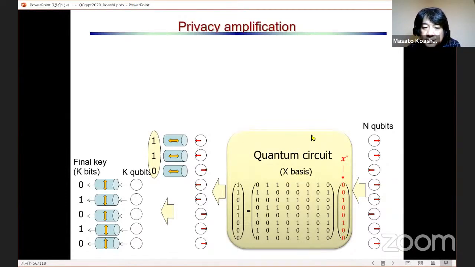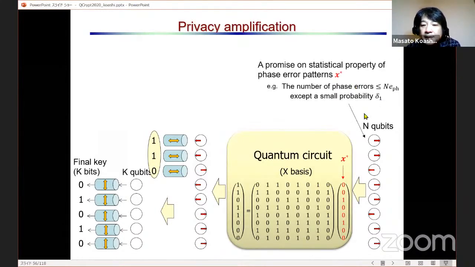So this bit tells you some clue about this true bit string here. And also recall that we have some promise about this pattern here, like the number of phase errors, the number of 1s here is bounded by some constant number. So we have some initial knowledge about this sequence, and we have some clue here. Then combining these two, maybe we can identify this string perfectly.